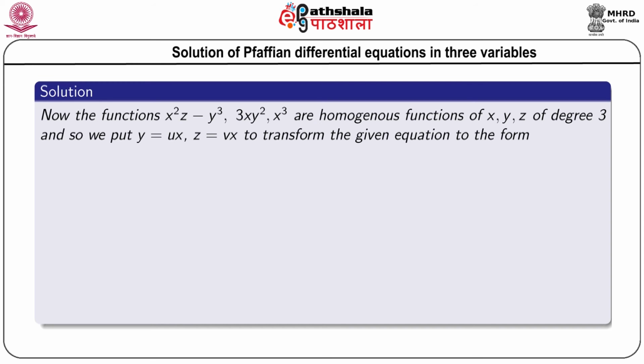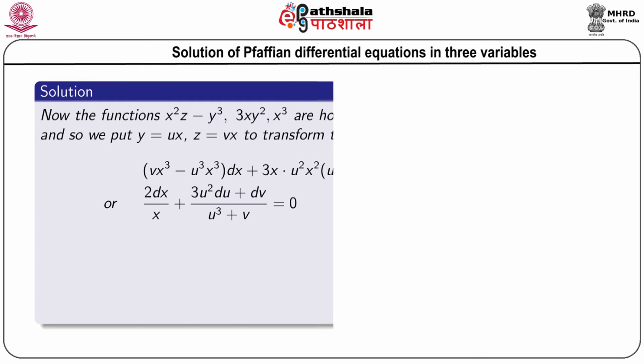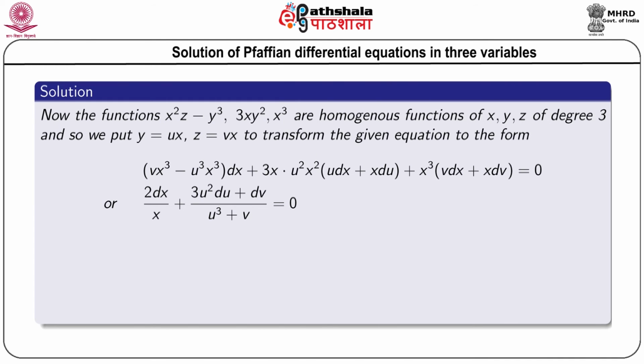So, the substitution we need to make is y equals ux and z equals vx. If you substitute this, that means now we are changing the equation from x, y, z to x, u, v. In terms of x, u, v, the equation with this substitution becomes this.